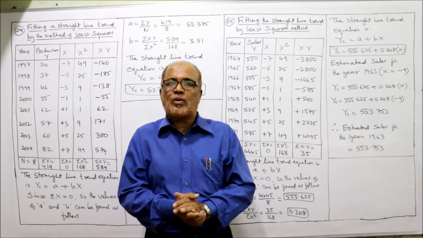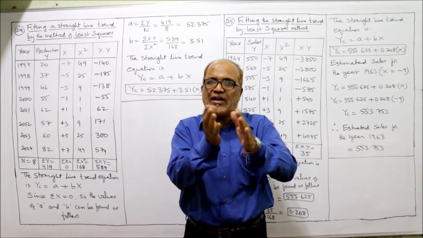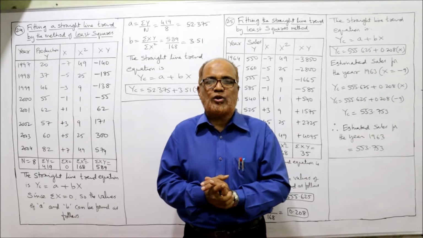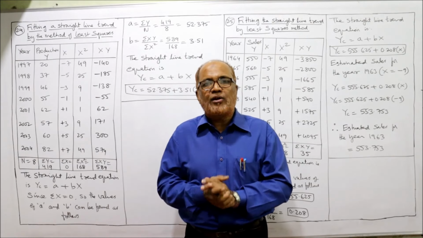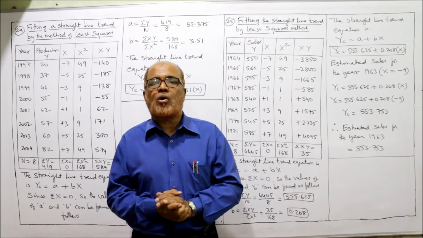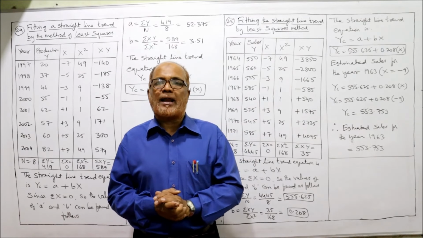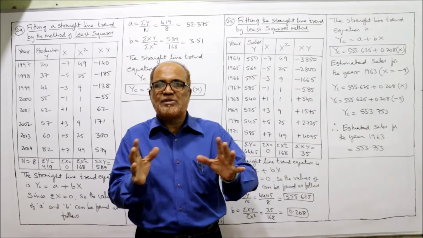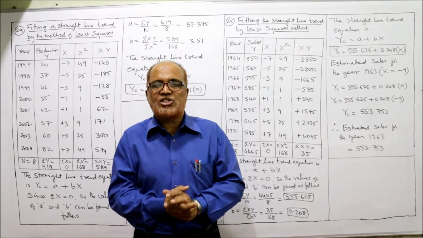Under least squares method also, odd number of years, even number of years, all I have explained. That's more than enough for your preparation. In the next video, I am going to start the next topic called second degree parabola. Then we have to measure shifting of base, all these miscellaneous problems. We'll do it in the next video.